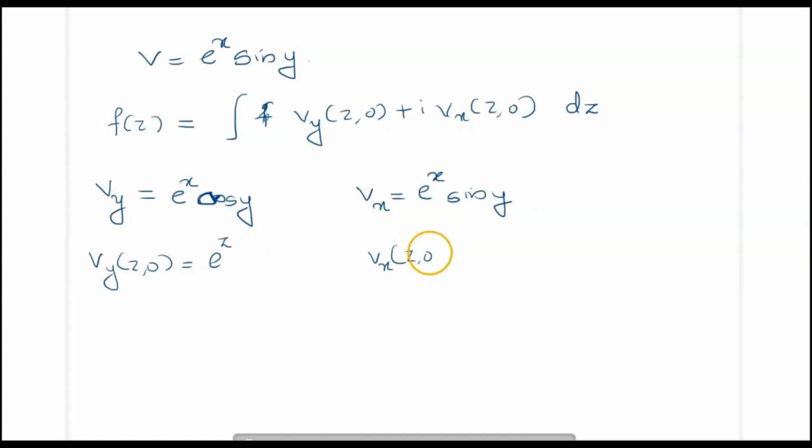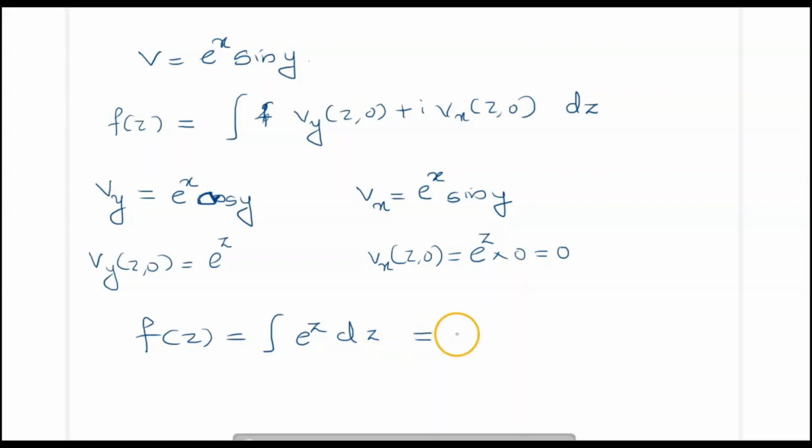Vx at z0 is e raised to z, sin 0 is 0. So f of z, the analytic function, is equal to integral of e raised to z dz. The integral of e raised to z is e raised to z itself plus the constant c. So this is the analytic function f of z, e raised to z.